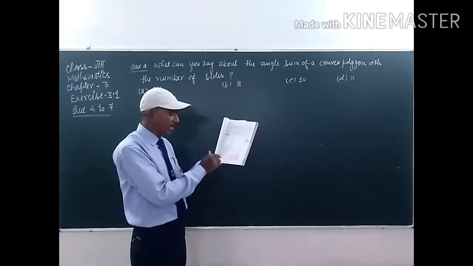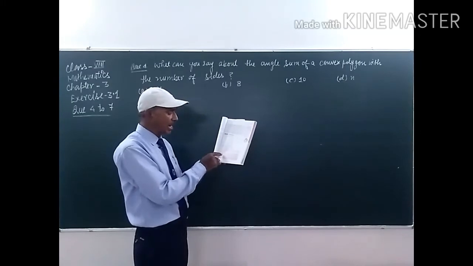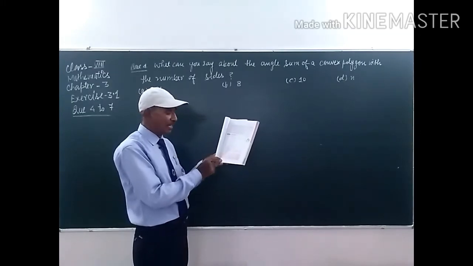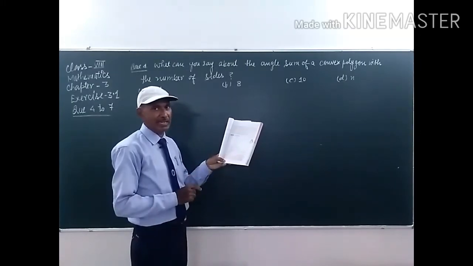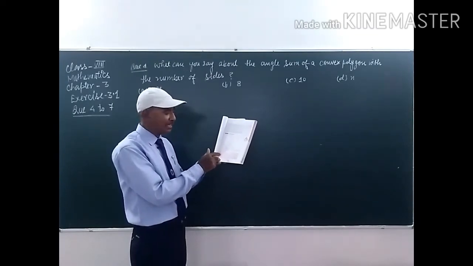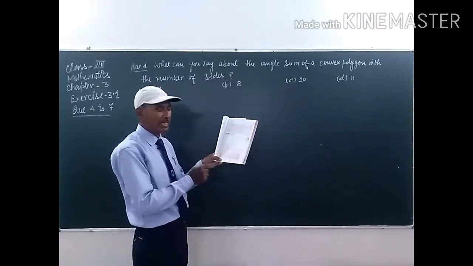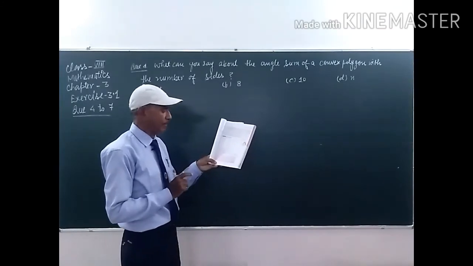So the sum of the total interior angles of this 3-sided figure is 180 degrees, students. The number of sides is 3 subtracted by 2, that is 1 into 180, that is 180.